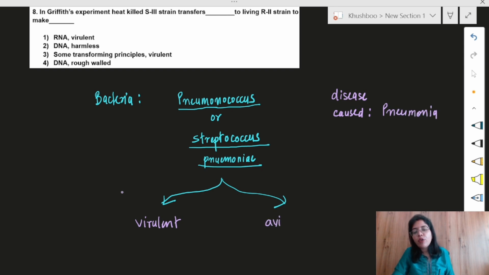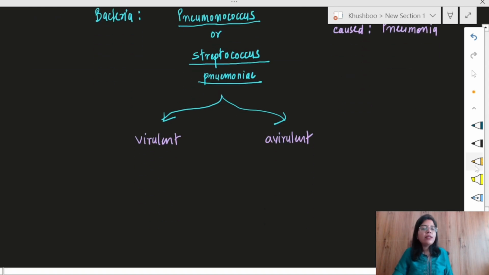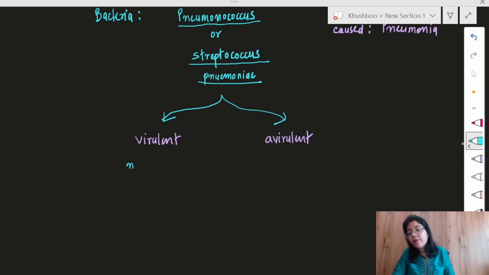Virulent and avirulent: two strains are there. The virulent strain is the strain which has a mucus layer. Avirulent is that which cannot make mucus. The pathogenicity is actually because of mucus only.